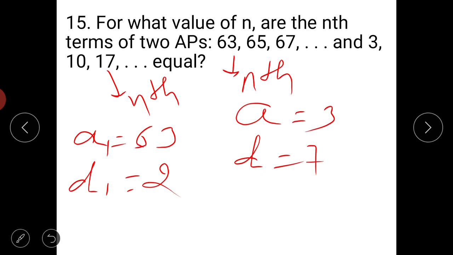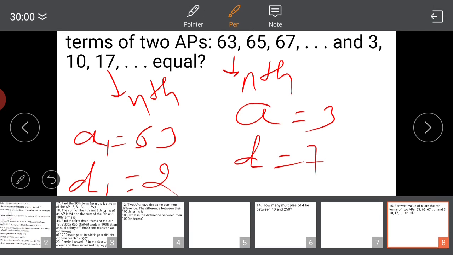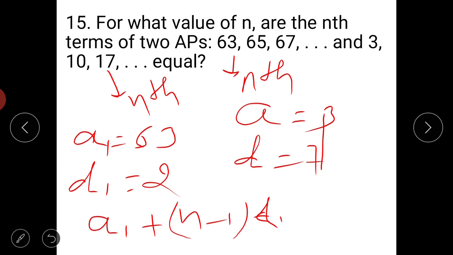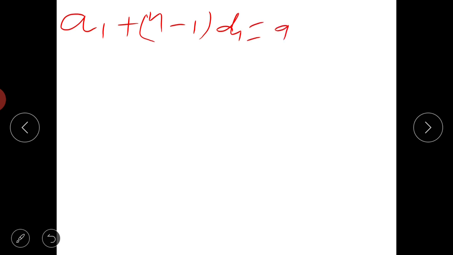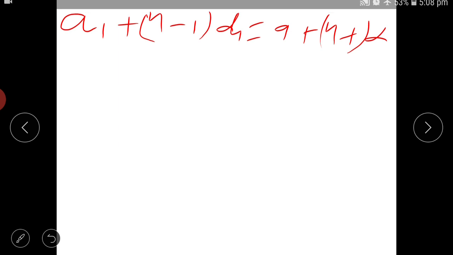For the nth term of this, a1 plus n minus 1 into d1 equals a plus n minus 1 into d.